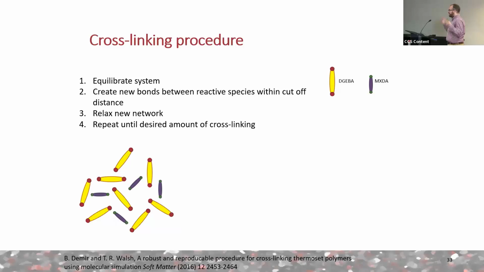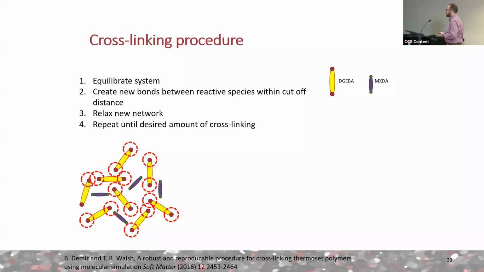Basically, I throw my molecules in a box and run it for a bit to equilibrate and get a well-mixed system. What I then do is look in a sphere of a cut-off radius around each DGEBA active site and try to find if there are any MXDA active sites within it. So there's one here. If there is, I then form a new bond. I say a reaction has taken place, and this has now formed a cross-link bond.